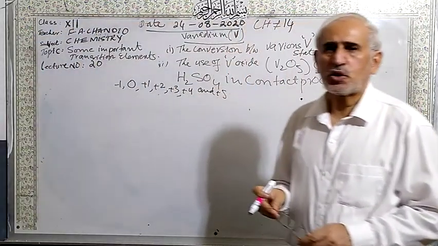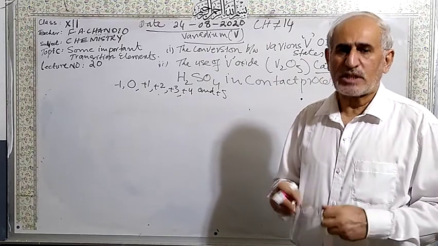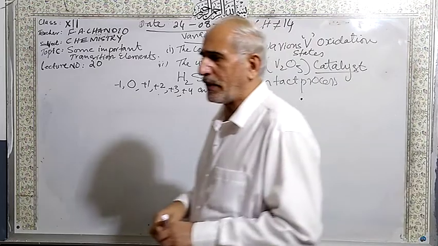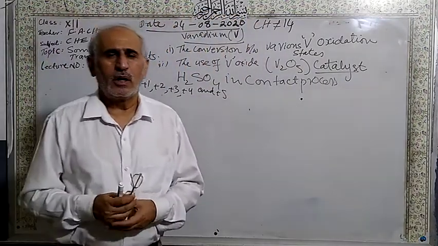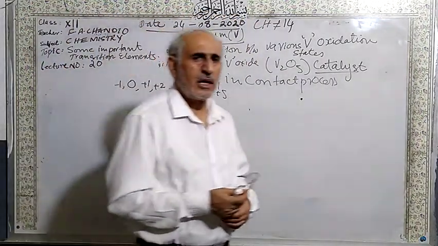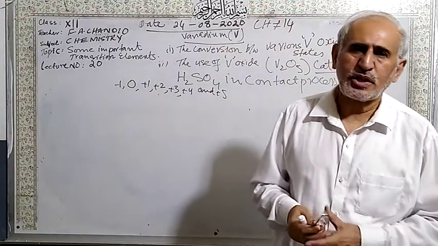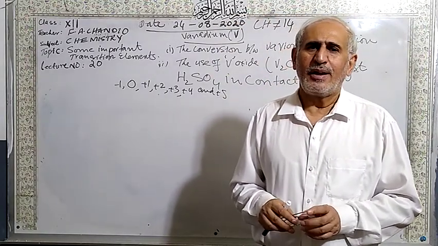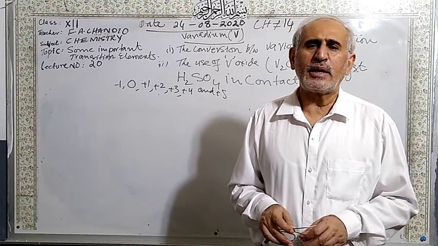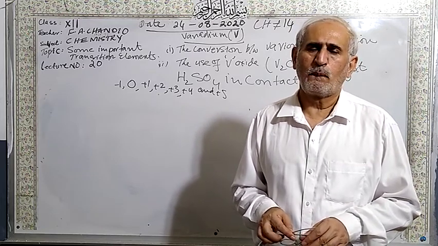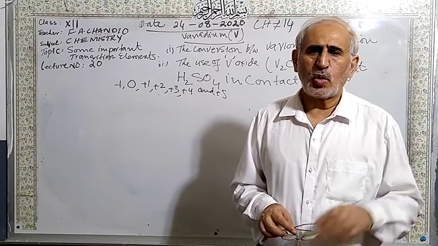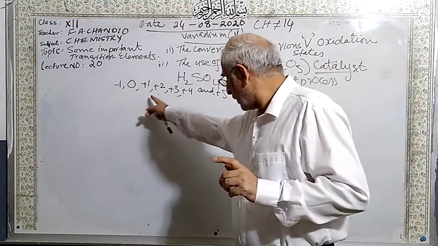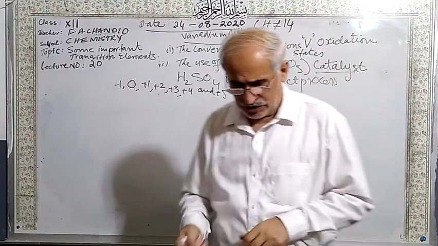So vanadium shows different oxidation states in different compounds, as you have done in the properties of the transition metals. These oxidation states or oxidation numbers depend upon the number of unpaired electrons. The more unpaired electrons, the more oxidation states.